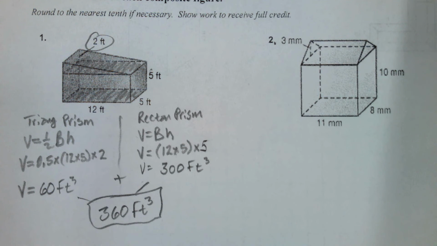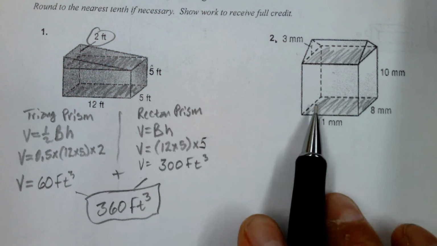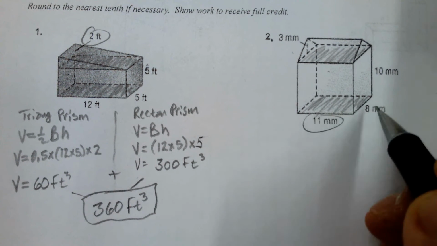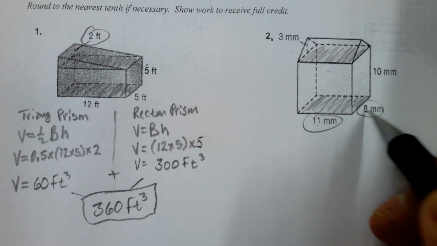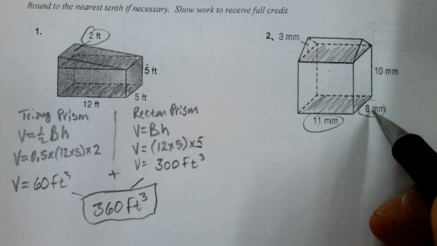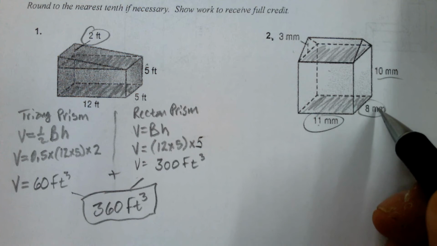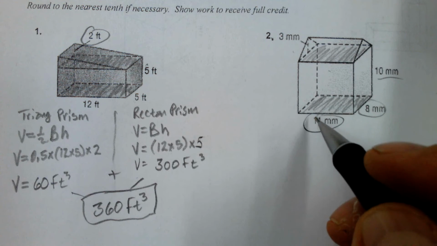Okay, so we were just saying to find number 2, you would multiply your length and your width to get the base area, and then multiply that times the height, and that would give you the rectangular prism.